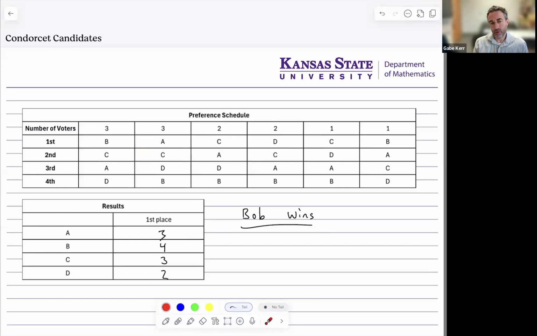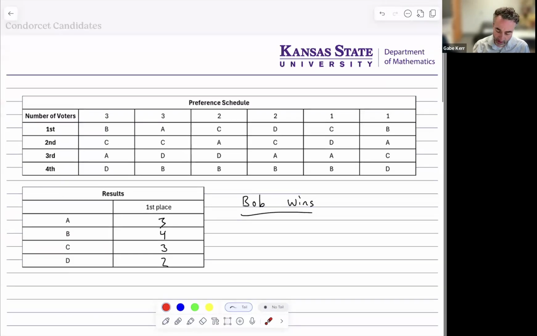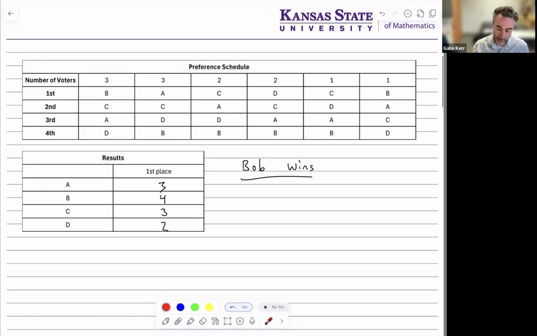Now I want to see what happens if we take this preference schedule and make it a head-to-head matchup between two candidates. In other words, we choose 2 candidates and ask who would have won if it were just those 2 running. Let's see if we can figure that out.